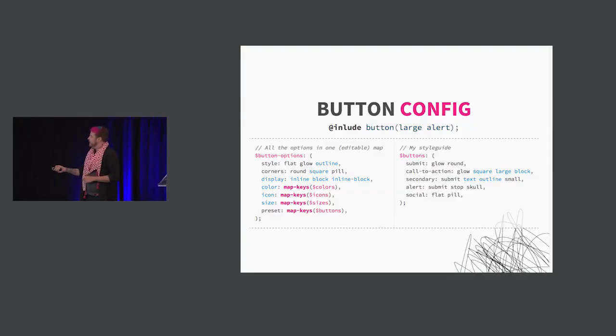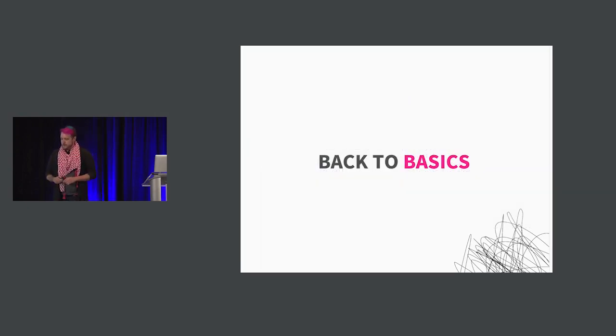We'll have various options, and we can determine what these options are. I've decided to split it into style. Oh, I actually changed the name of this one later. Style, shape, display, color, icon, size, and then presets. And then I named some presets over here and said what I want them to look like. So that's how it's going to work.